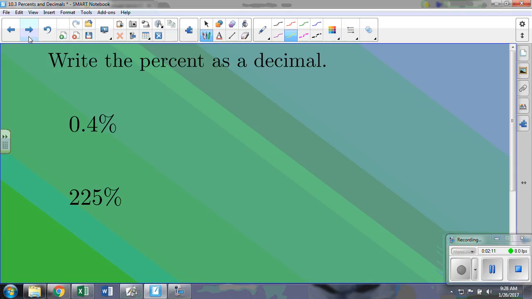0.4%. This is the kind of thing that a lot of students will make a mistake, because it's common for students to say 0.04. And 0.04 is wrong, because they needed to go 2 places to the left, filling in dead space. It should have been 0.004.